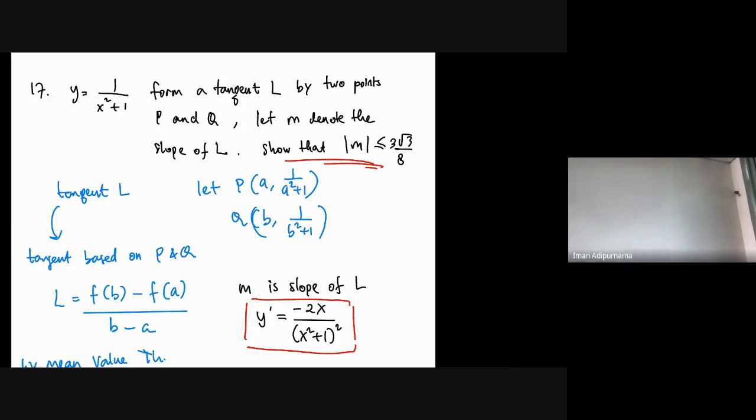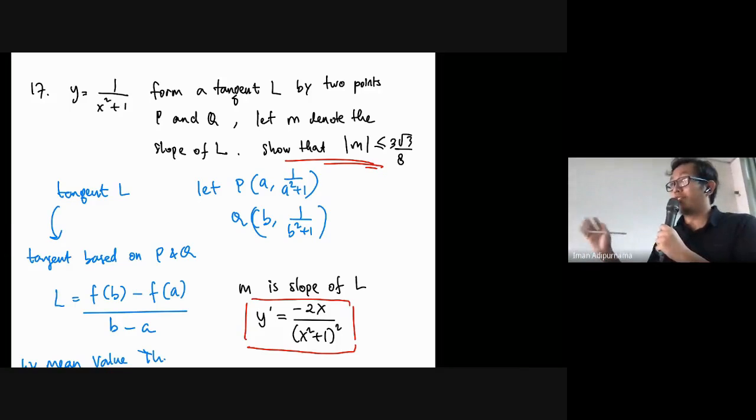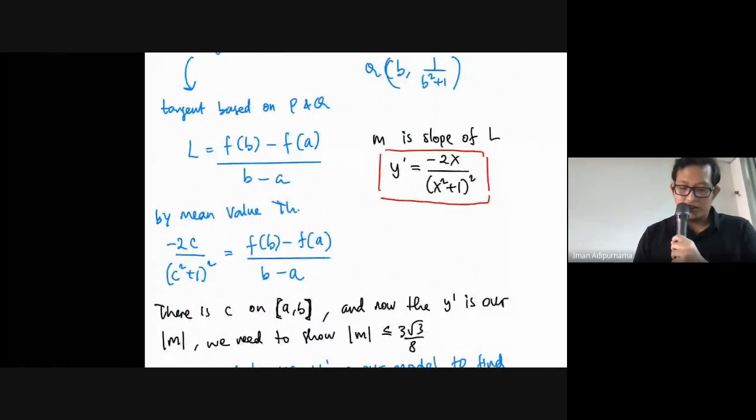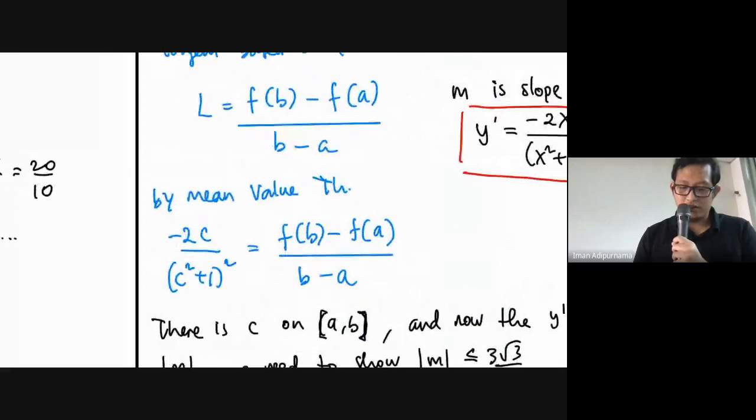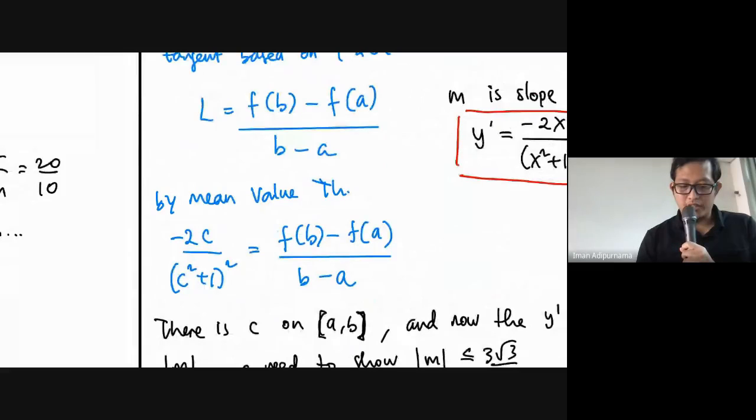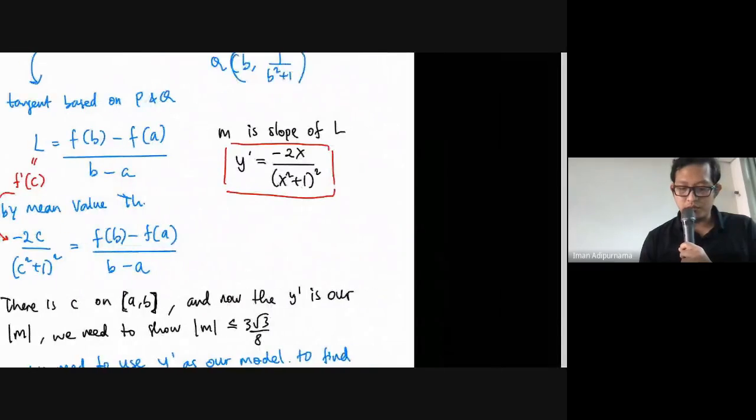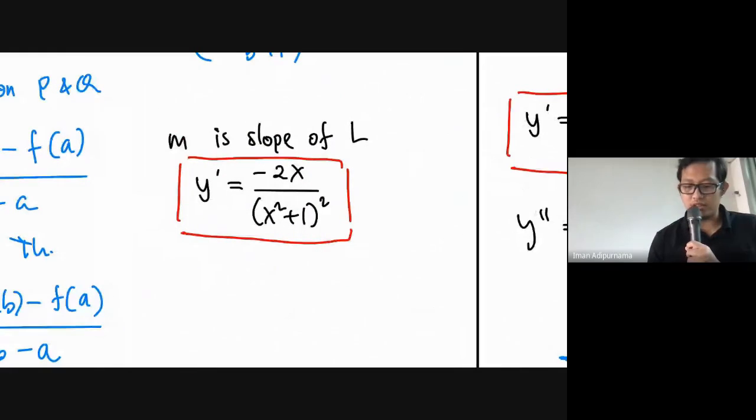So if it is equal to the tangent line, then we can use the mean value theorem, where this is f prime of c. So f prime of c, we get the slope of L. So y prime is minus 2x over x squared plus 1 squared. Okay, this is the first equation.